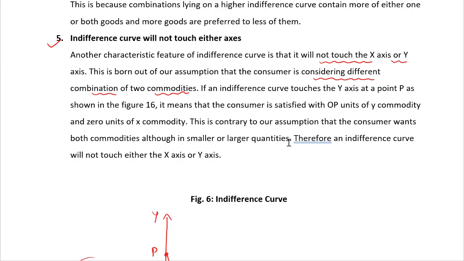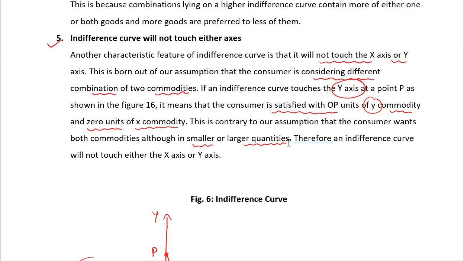If an IC curve touches the Y-axis, that means what? The consumer is satisfied with OP of Y commodity and 0 of X commodity. This is contrary to our assumption that the consumer wants both commodities in smaller or larger quantities.